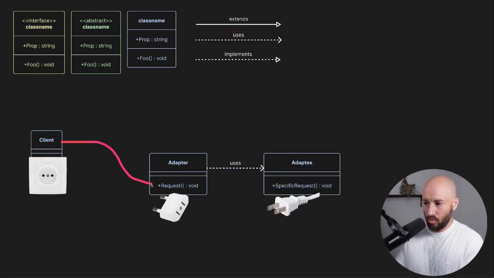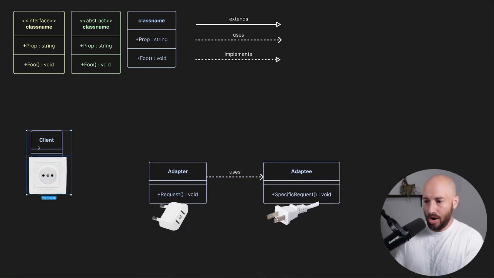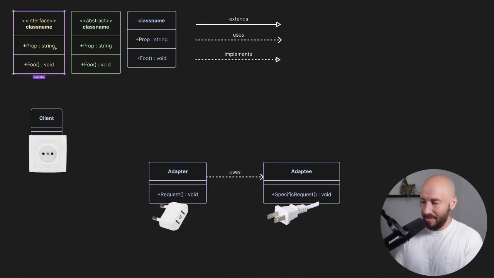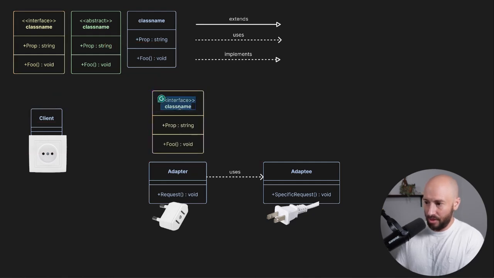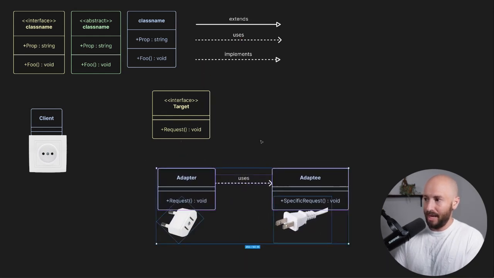Now, the client will use this adapter, but only in runtime will it use the concrete adapter that will go ahead and use the concrete adaptee. In compile time, what the client will interact with is not the adapter, but some interface, which will be the target. So let's go ahead and call this the target. And the target will have the method that the client wants to interact with. In our case, it's the request. The adapter will go ahead and implement the target interface.